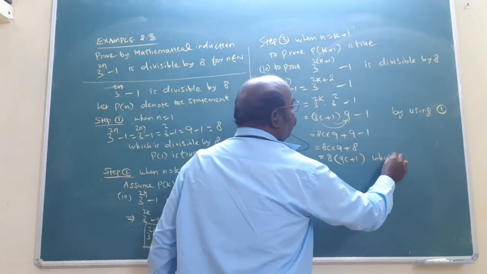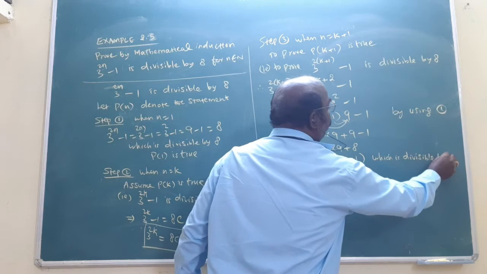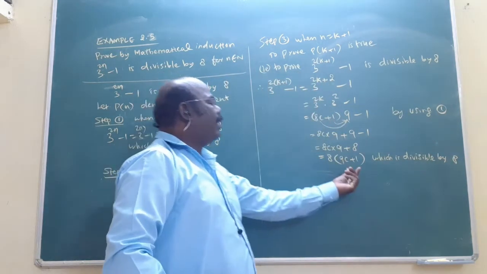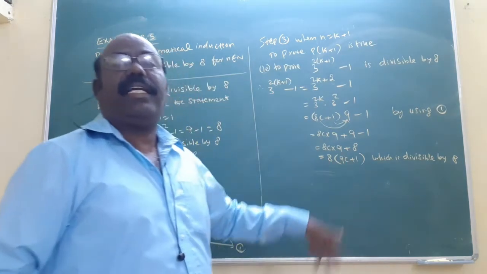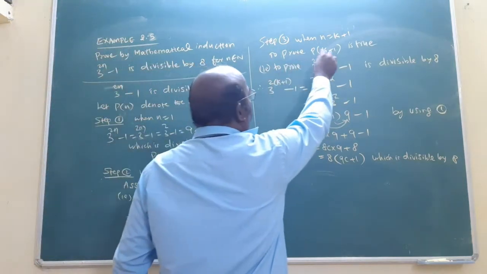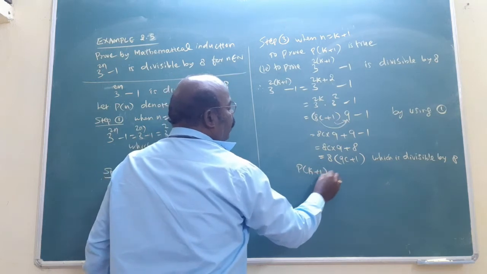You want to prove divisible by 8. Am I correct? 8 into something; something is not a matter. 8 into something means divided by 8, the 8 gets cancelled. This is possible. In this way, you prove P of k plus 1 is true. Am I right? Therefore, P of k plus 1 is true.